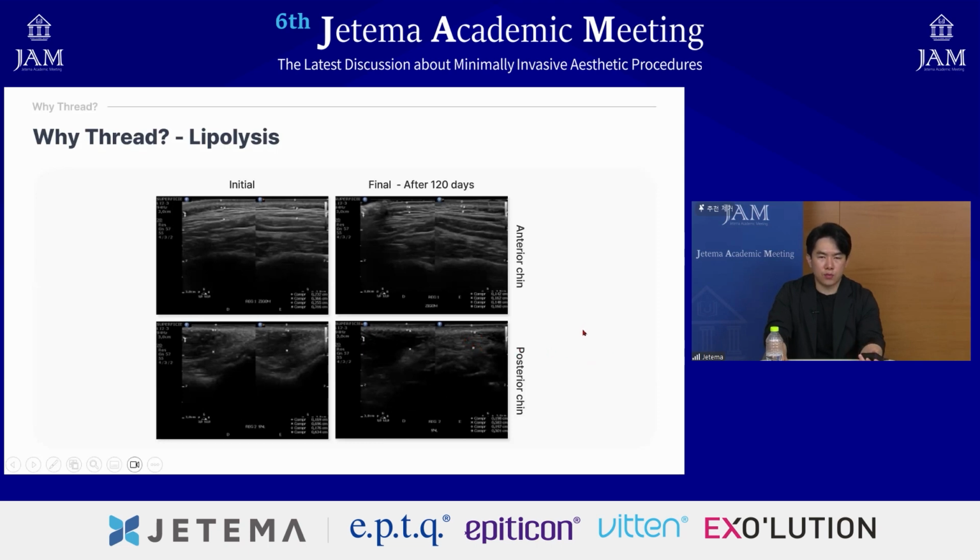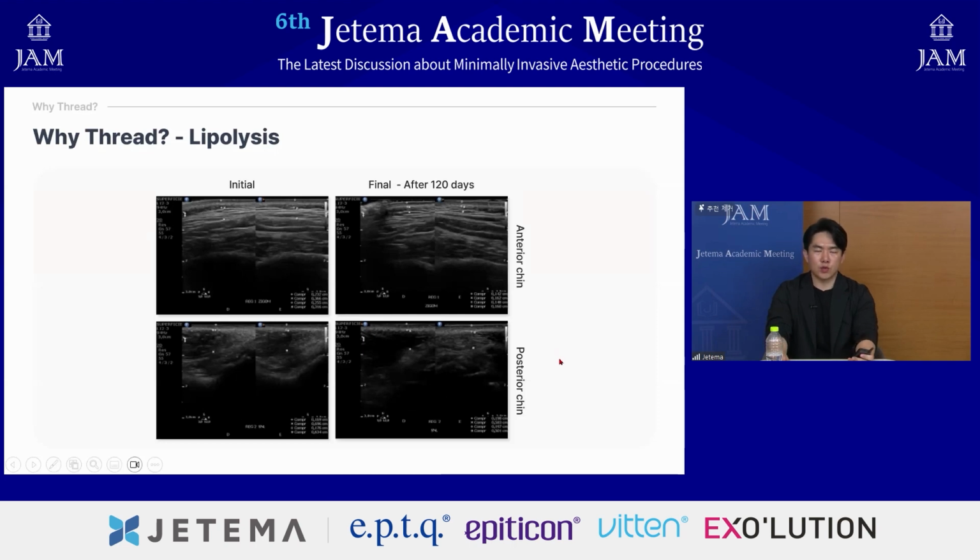Because of these three reasons, I use Jamber for the infraorbital hollowness, because nowadays people have a little bit of concern about using a lot of fillers. So I use a little bit of filler for augmentation, because filler has the best potential for volume augmentation. And for the shallow part, I use a lot of Jamber thread, probably 3 to 4 at max.